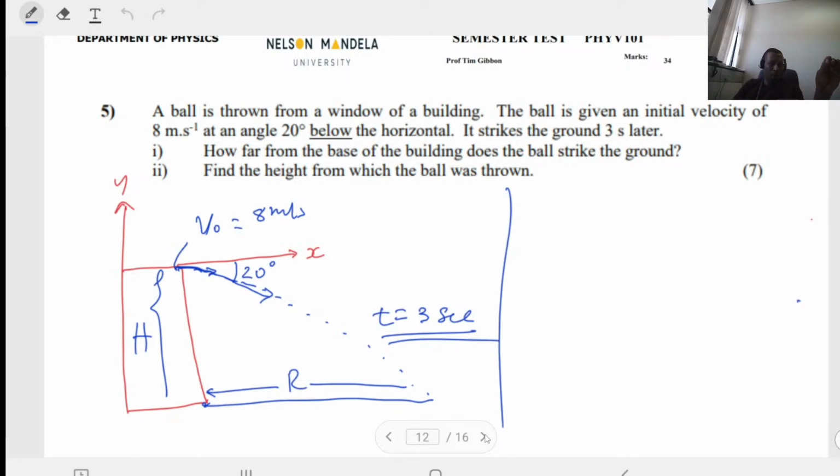For the y component, there is acceleration, but it's always in the negative y direction. This acceleration is due to gravity. So the x component is a uniform motion with no acceleration, and the y component involves acceleration due to gravity.